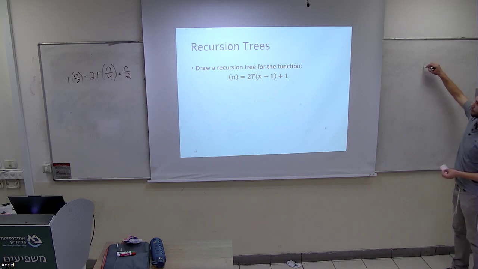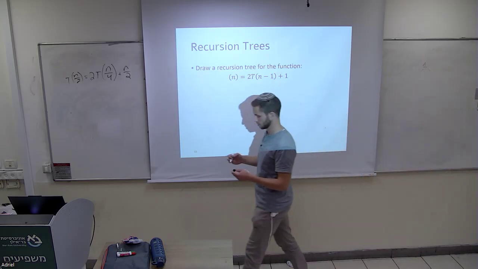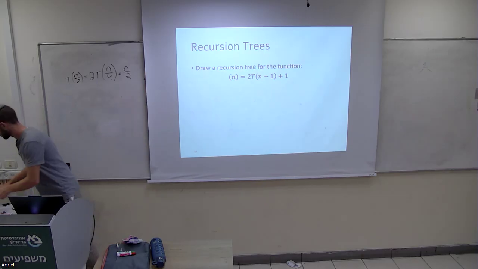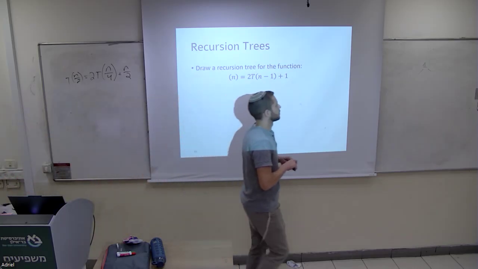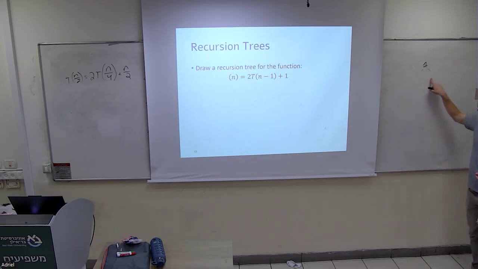Exactly. So first we have 1 at the root, and then it splits into 2. Why does it split into 2?